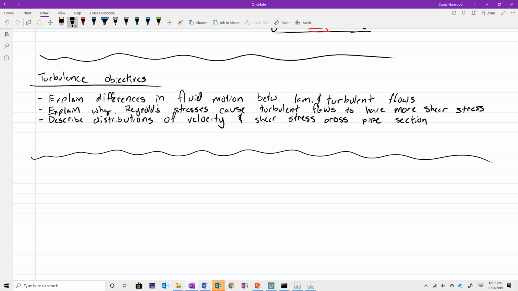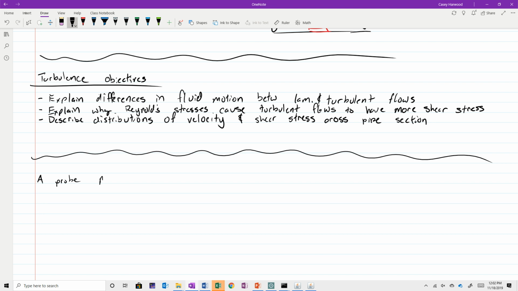So we understand at this point only that if you increase the velocity of flow through a pipe, it'll go from laminar through this transitional regime where it starts to show little turbulent bursts, and then finally into fully turbulent flow.